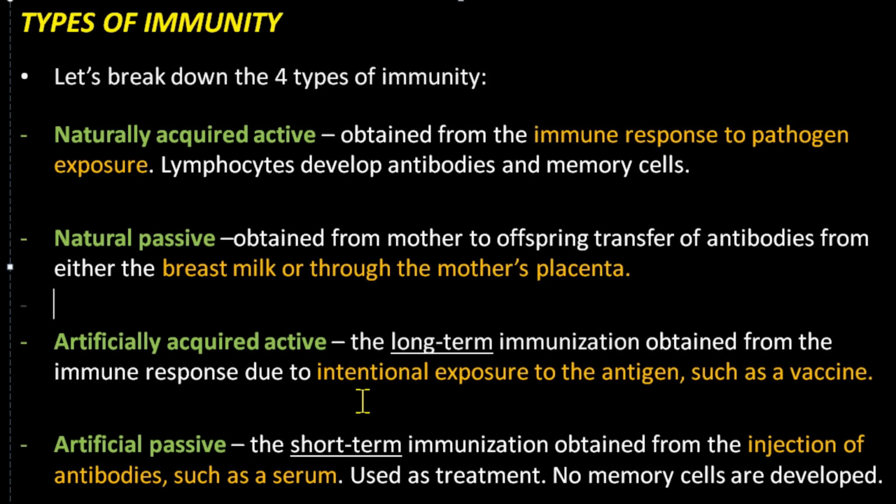Artificial passive immunity is a short-term immunization obtained from the injection of antibodies into the bloodstream, such as in a serum. This is used in a treatment and there are no memory cells that are developed. I'll give you an example. Let's say that you were to get COVID-19 and you didn't get a vaccine. Well, of course, the vaccine now would be useless because you already have the disease.